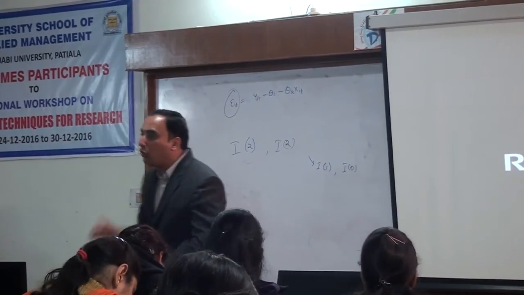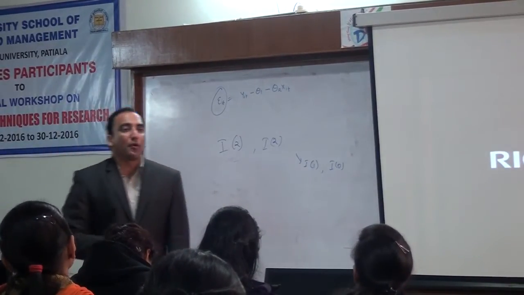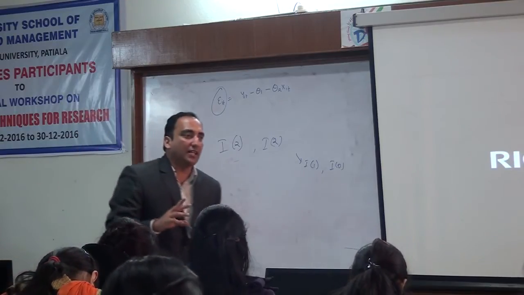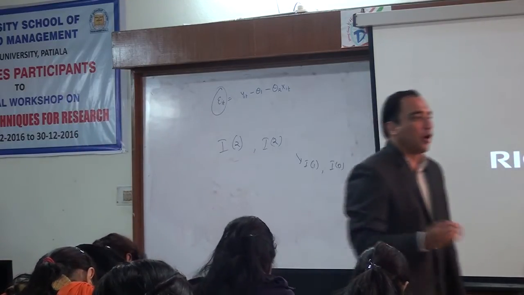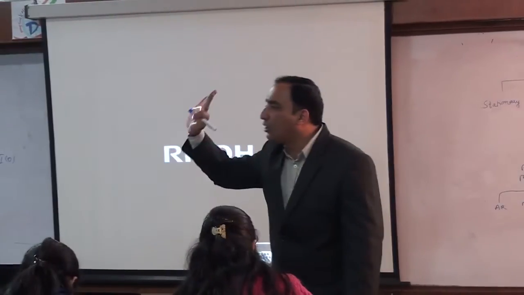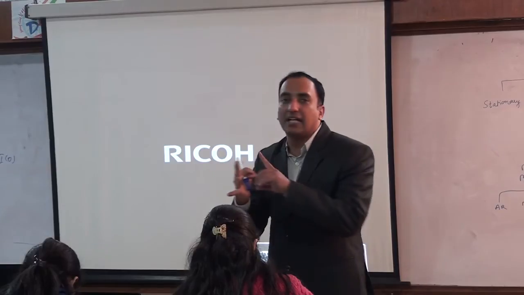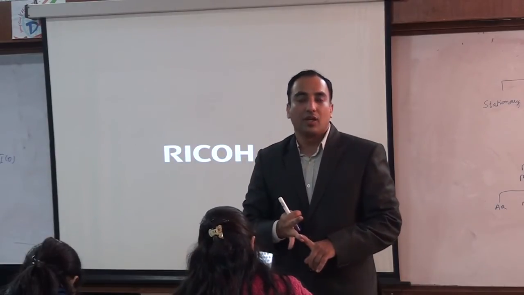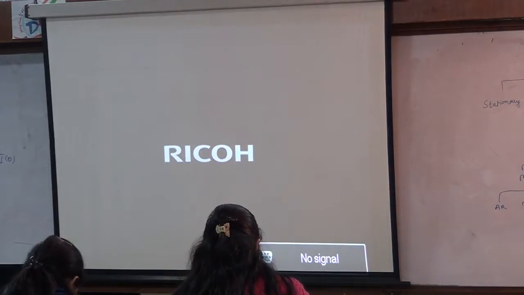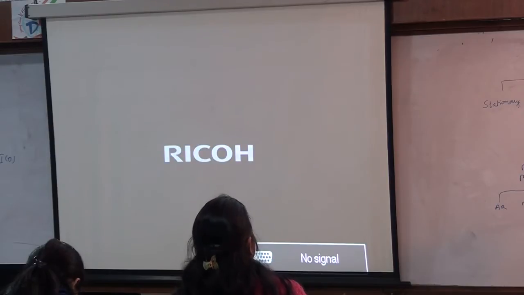Whenever there is two-way causality, there is a problem of endogeneity. Now see, whatever I am telling is true for both panel data and time series data. Okay? So you can do panel VAR, you can do panel VECM, you can also do panel co-integration.